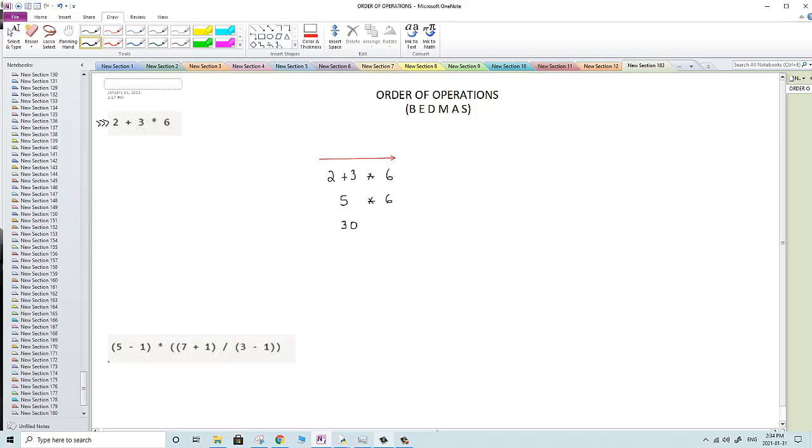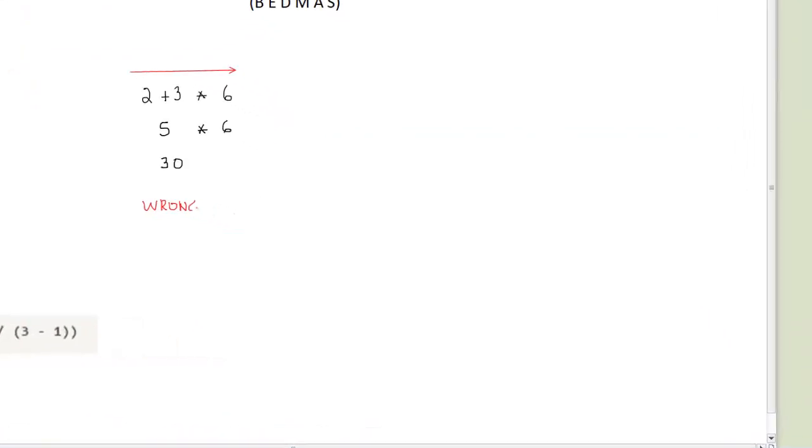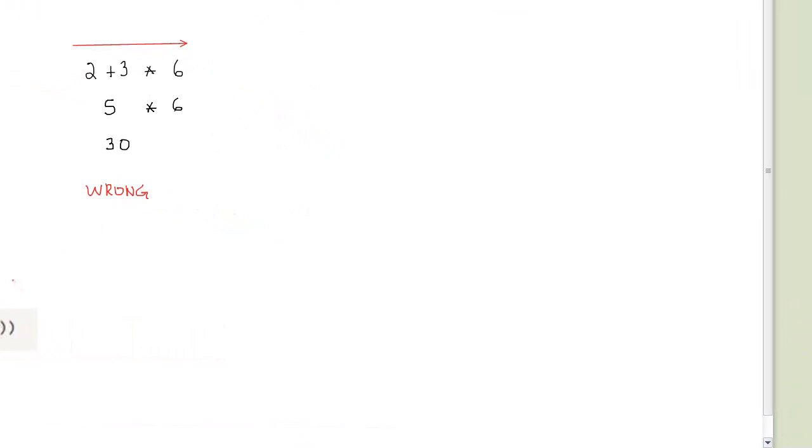Actually, this is a wrong answer. Why is it wrong? Because there is something called BADMAS, the order of operation, and Python knows it very well. The order of operation says that when you have 2 plus 3 times 6, we don't start from left to right, we start from the operation that has the higher level.